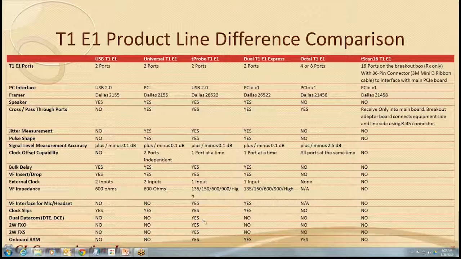There's also a VF interface with a microphone headset with different VF impedance. We have added optional boards such as FXO, FXS, and Datacom with the tProbe. That's the summary of the comparison, but you can go into details if you're interested.